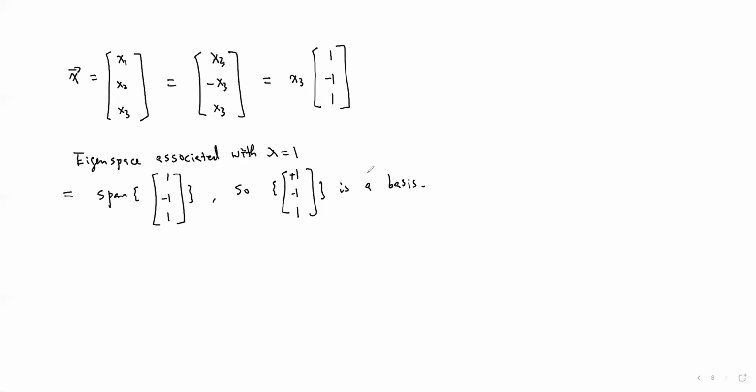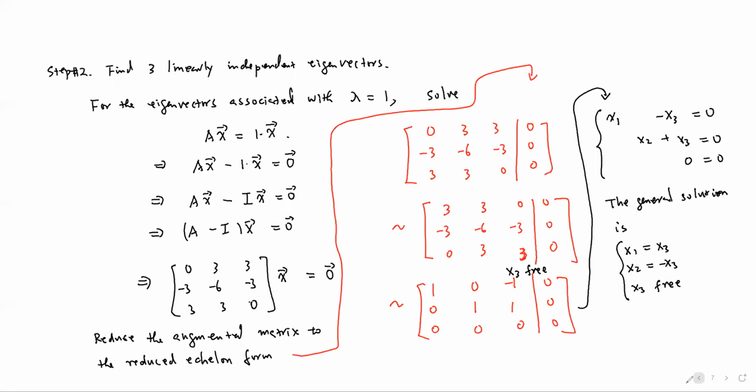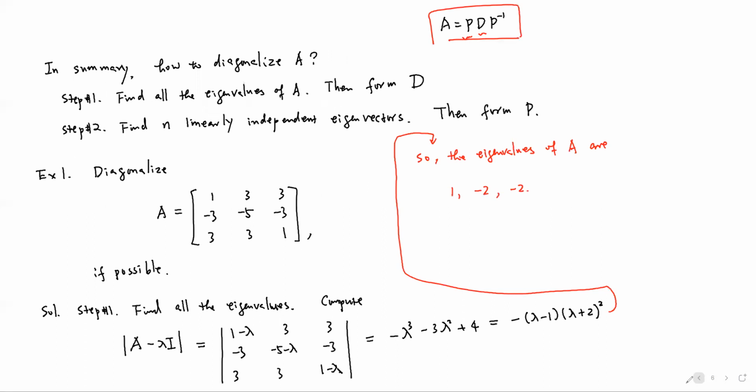But the matrix A is 3 by 3. We need 2 more linearly independent eigenvectors. Now those 2 come from the second eigenvalue, negative 2.